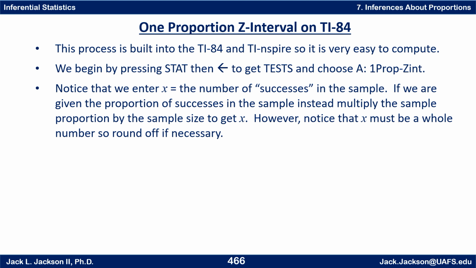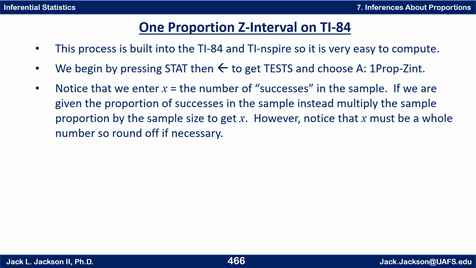Once again, a success is not something that's necessarily good or bad, it's just the thing that we're counting. It might be a good thing, a bad thing, or a neutral thing. If we are given the proportion of successes in the sample instead, then we need to multiply the sample proportion by the sample size to get x. However, notice that x must be a whole number, so you need to round off if necessary.